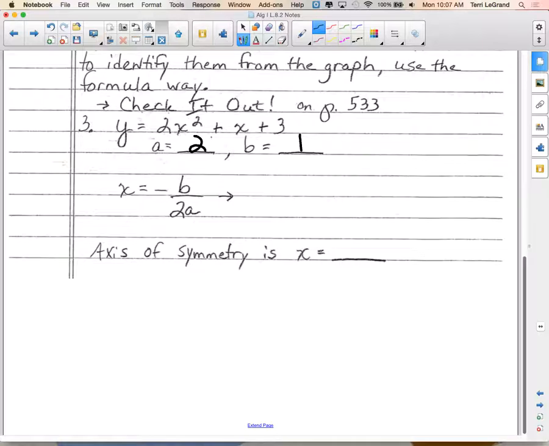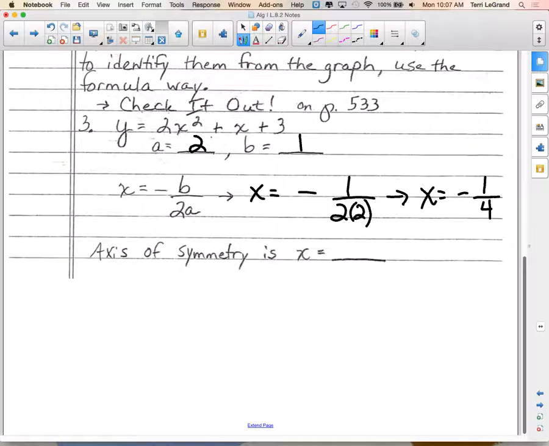So we're going to substitute into our formula. We're going to say x equals the opposite of negative b, we'll put our b upstairs and 2 times 2 downstairs. Well, that becomes a 4 downstairs.